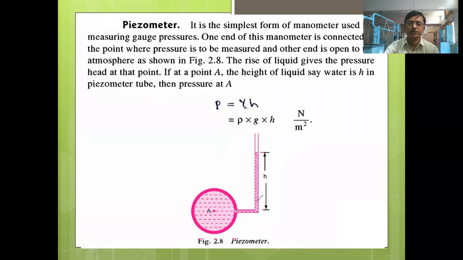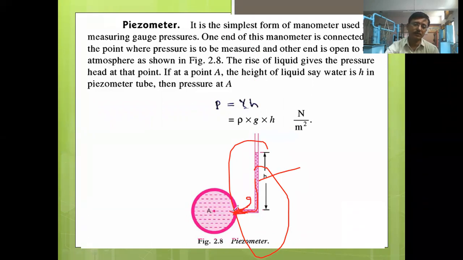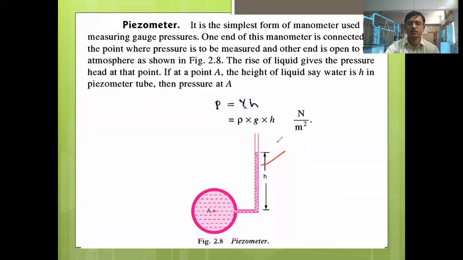Then negative pressure measurement is not possible with such a piezometric tube, because in negative pressure the liquid will not rise here; in fact, the head is reduced there. So we cannot measure negative pressure with such manometers.